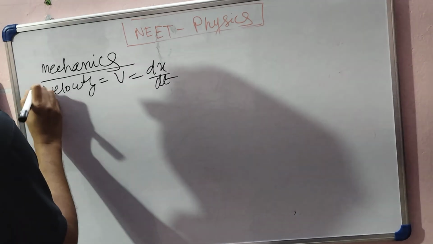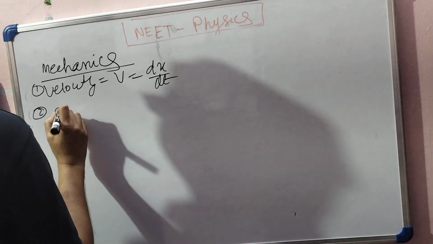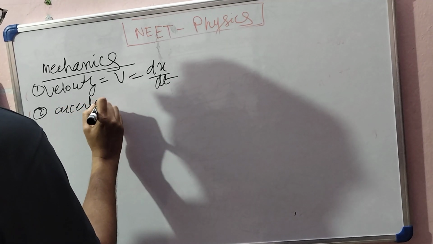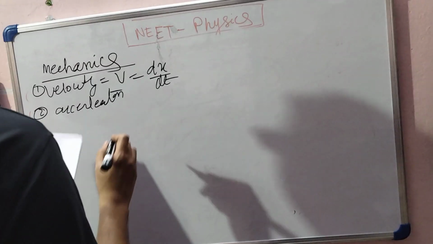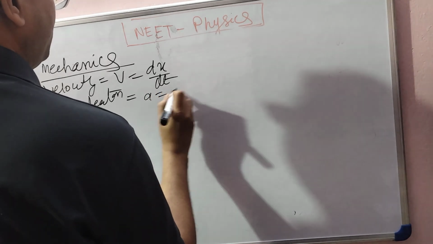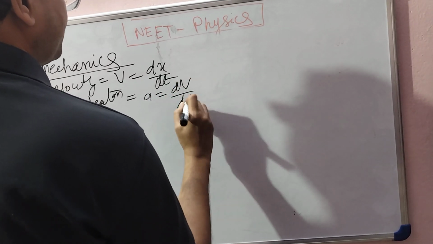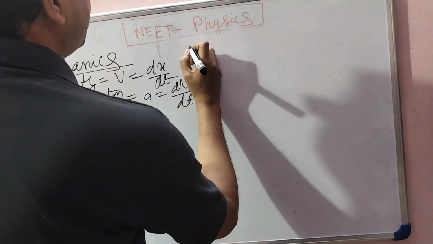Then formula number 2, acceleration: a equal to dv by dt. I think we will discuss that in the physics formula class.